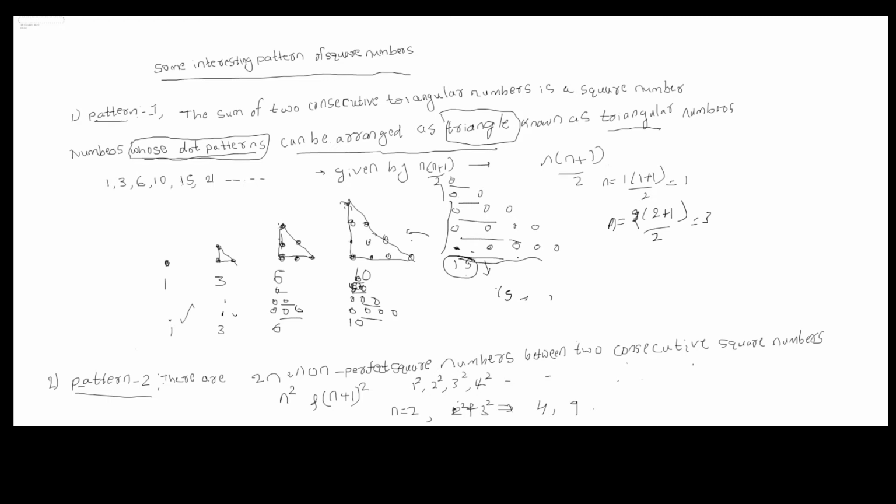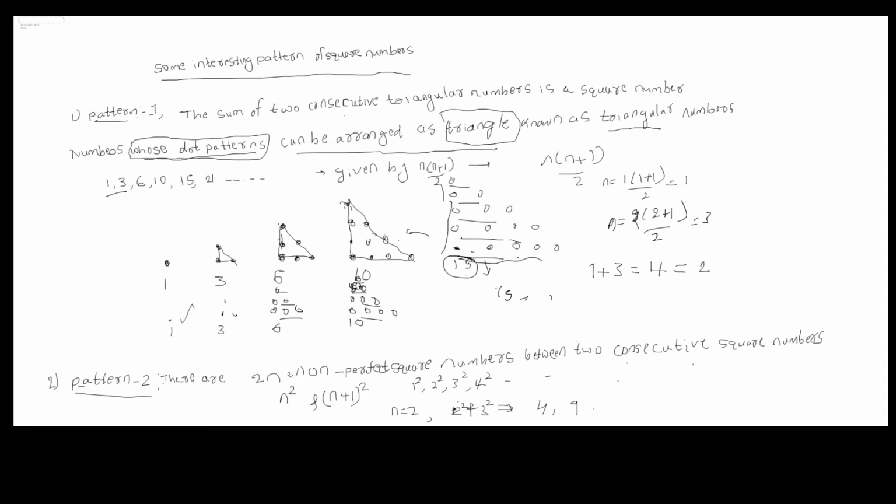Well and good. Now, my question is not that one. The sum of two consecutive triangular numbers is a square number. See, the sum of consecutive triangular numbers. This 1 plus 3 I will take. 1 plus 3 is a square number, is it? Okay, 4 is a square number?